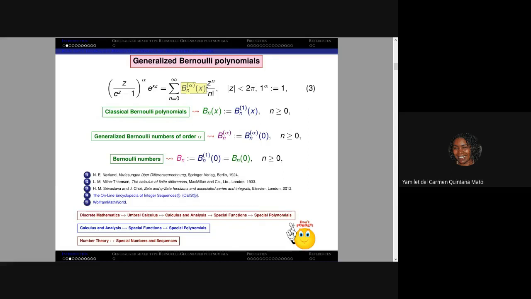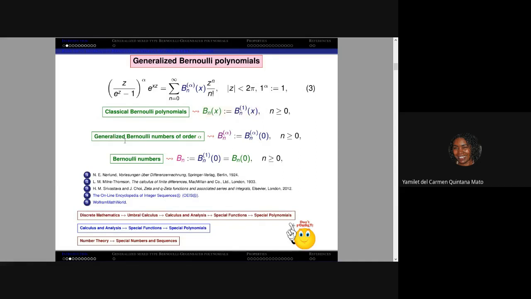This polynomial generalizes the classical Bernoulli polynomial in the sense that when we take alpha equal to 1, we recover the classical Bernoulli polynomial.